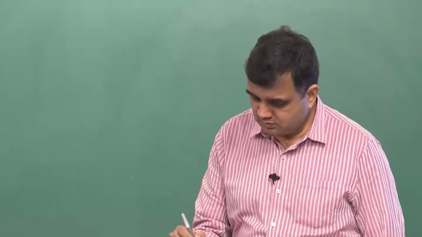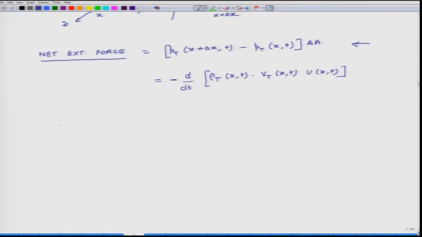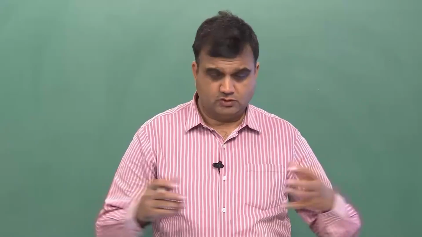So, the left side of the system is P t at x plus delta x minus P t at x, t, times delta A, that is the force, is equal to minus d over dt, and because it is a constant mass particle, I can say that rho naught V naught is the same as rho t V t, because the mass of the particle is not changing, it is just becoming fatter or thinner, no mass is exiting or leaving.